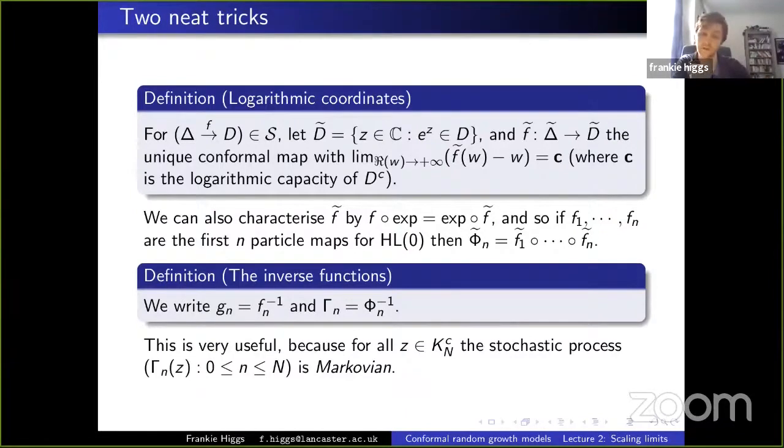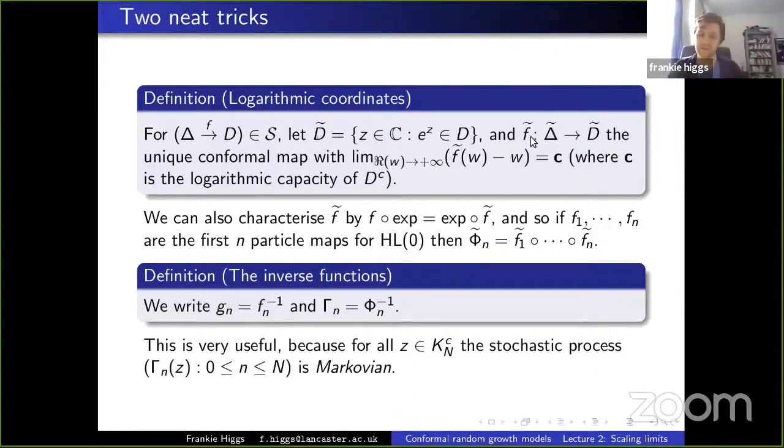It takes no effort. So if we have a domain D, then we can put a tilde over it, and this is going to be used for all sets to mean the pre-images under the exponential map. So if you like, D tilde is the logarithm of D, except we haven't chosen a branch of the logarithm, it's every branch of the logarithm at once.